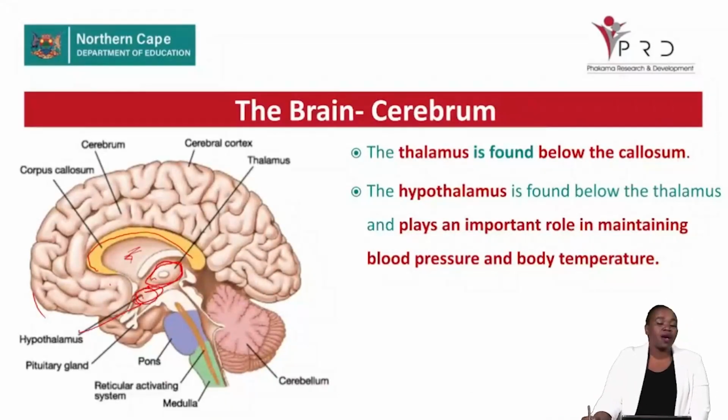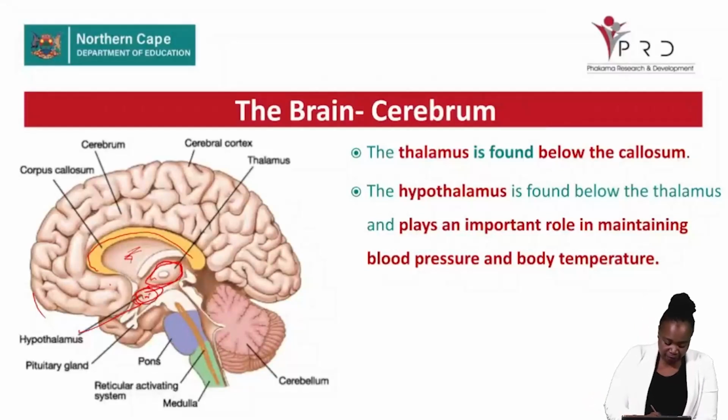The function of the hypothalamus is to maintain blood pressure and to maintain body temperature. As we have said, blood pressure and body temperature need to remain constant, right? So the role that the hypothalamus plays here is to make sure that those two do actually remain constant, right?